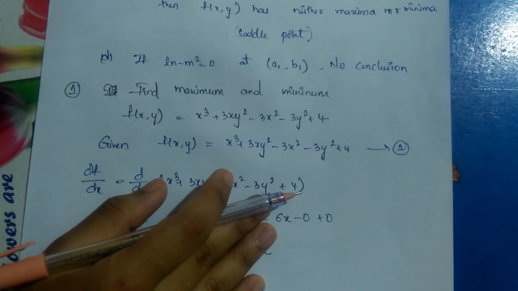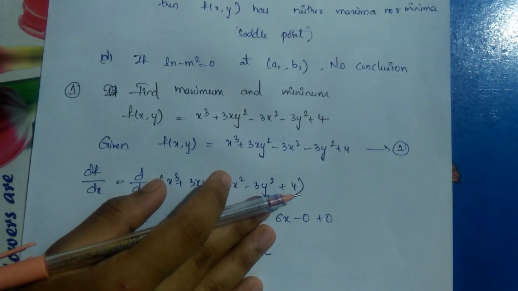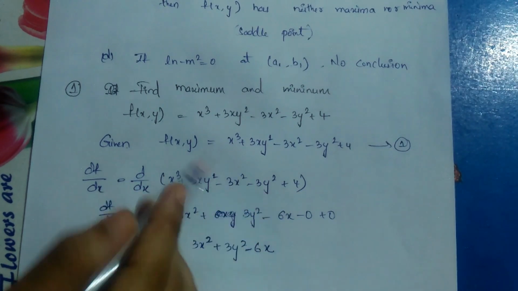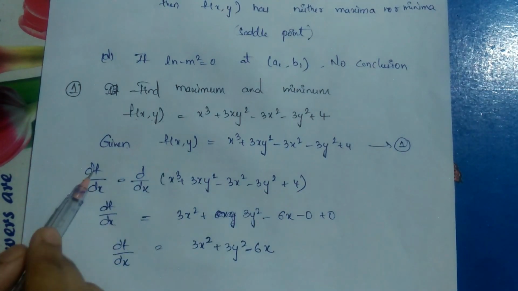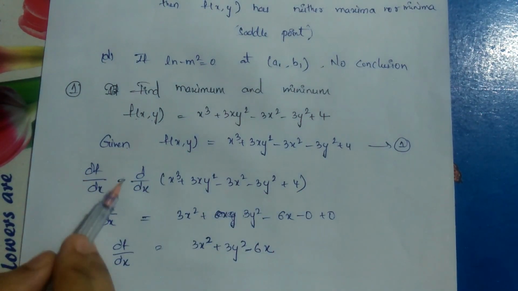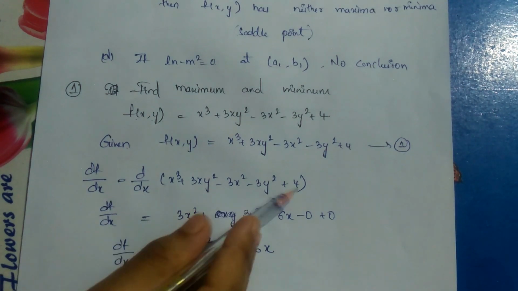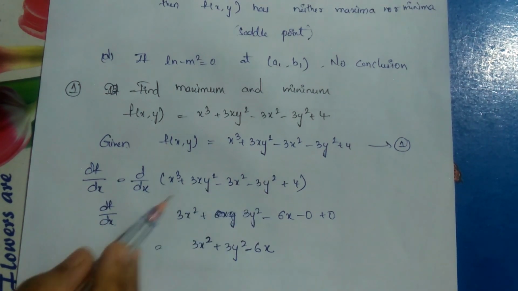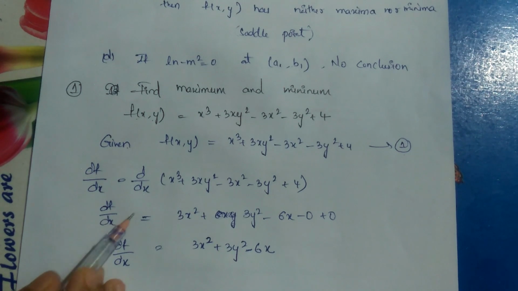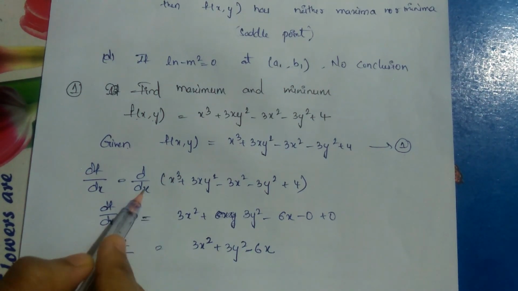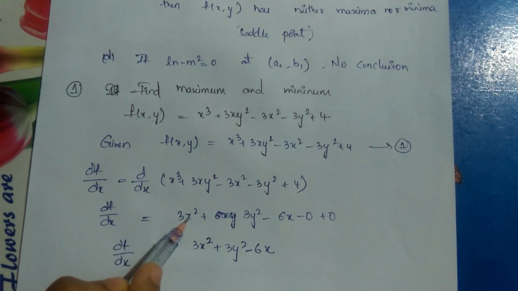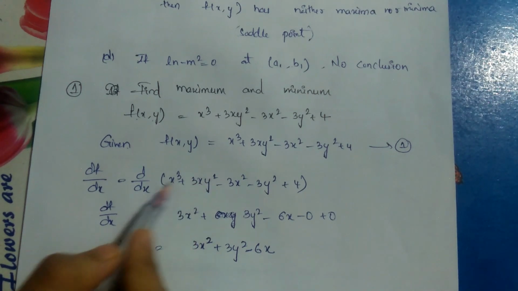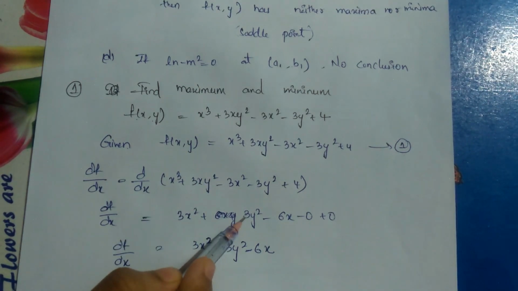So at first, find dou f by dou x and dou f by dou y. First we differentiate the function with respect to x, that is dou f by dou x, which equals dou by dou x of the function f(x, y). Then dou f by dou x is x cube differentiated with respect to x, that is 3x square, and 3xy square differentiated with respect to x, that is 3y square.